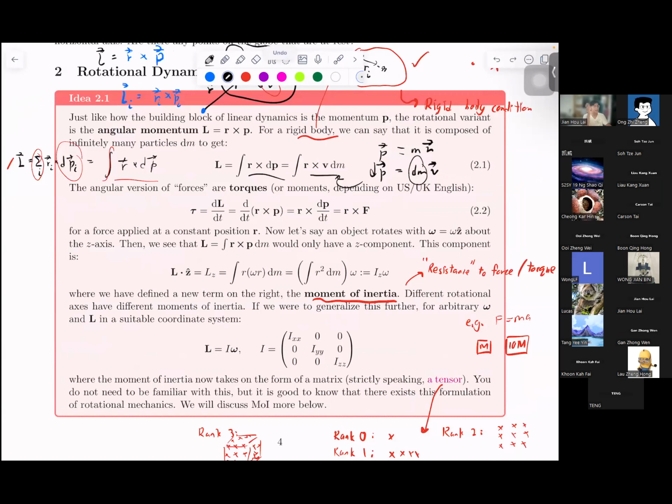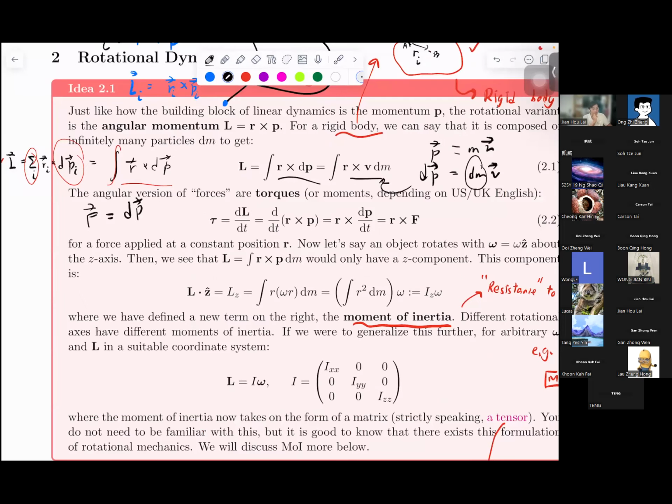And we also say that for the forces in linear, translational motion, F is equal to dP over dt, the linear momentum. So we want to make an analogy with that: the torque is related to the angular momentum.